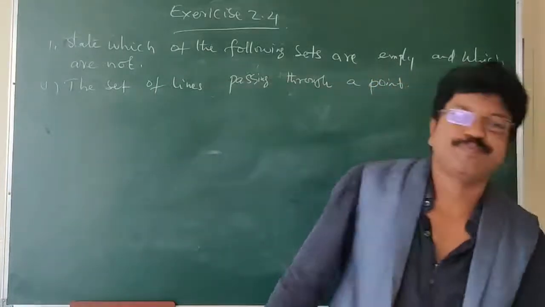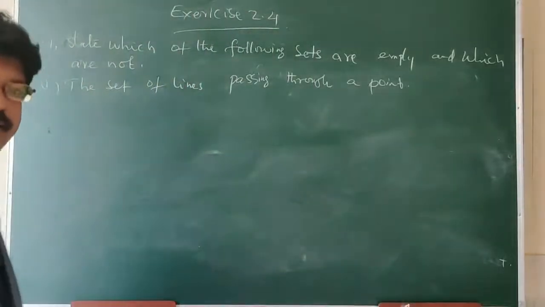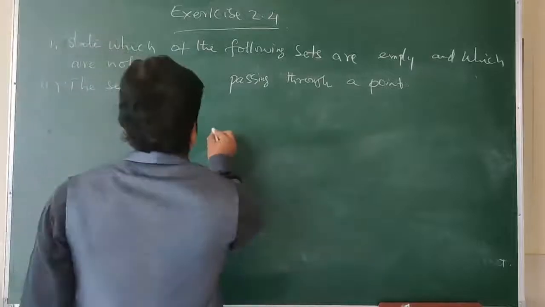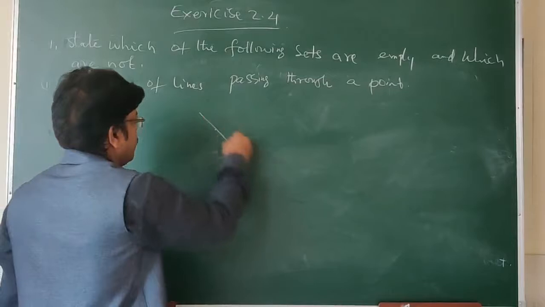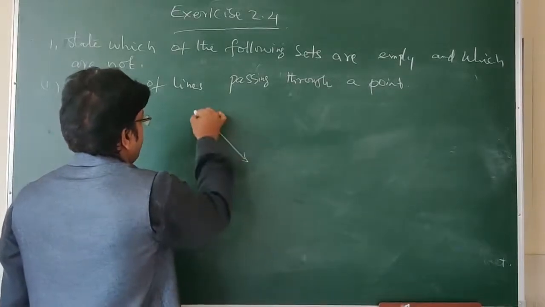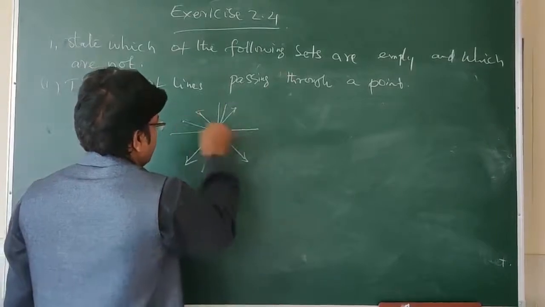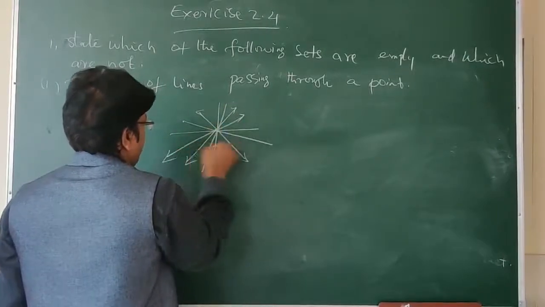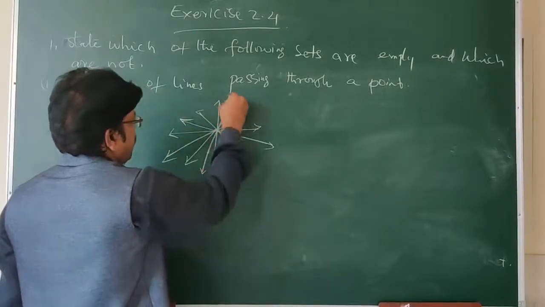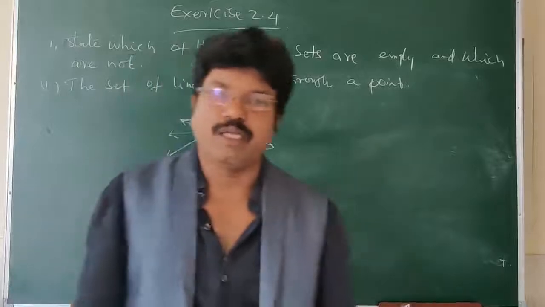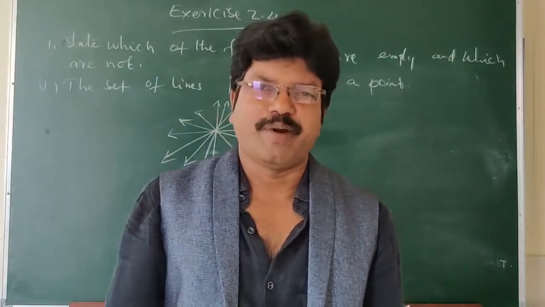This is one line, another line, next. There are so many infinite lines we can draw through a point.